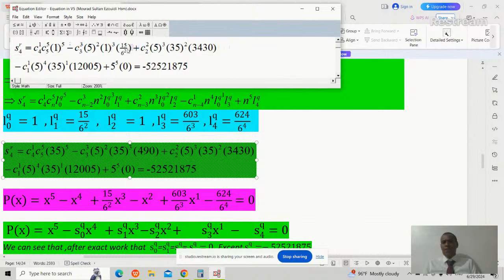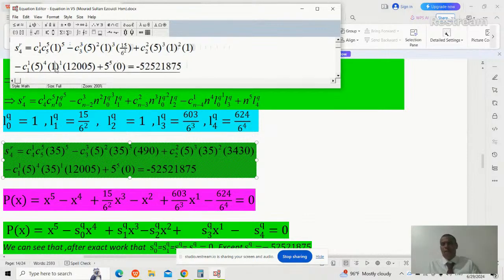I will use this one. We said L1 is 15. Now I will make here 1, multiplied by L2. L2 is 1. Then I will use L3. Of course, L0 is 1.